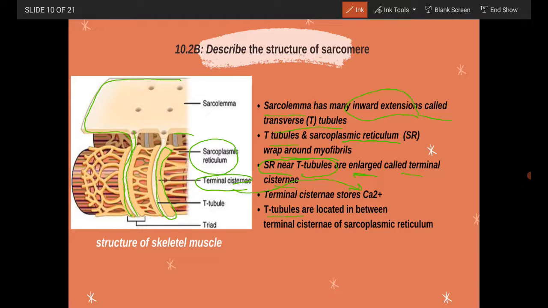T-tubules are located in between terminal cisternae of sarcoplasmic reticulum. So this is the terminal cisternae, and this one is also terminal cisternae. So actually, T-tubules are located in between terminal cisternae.